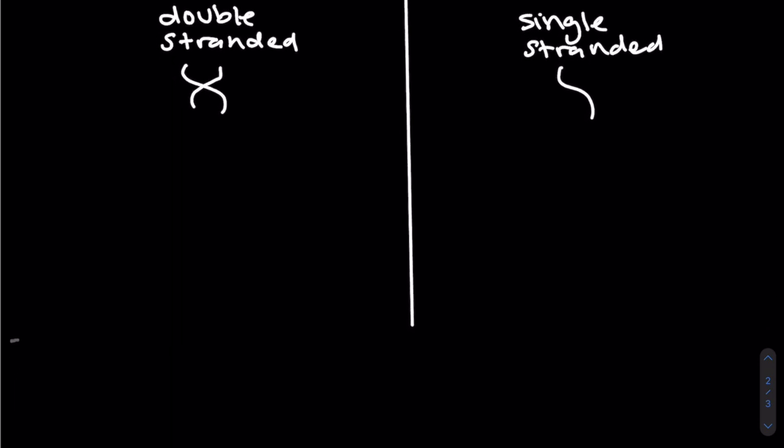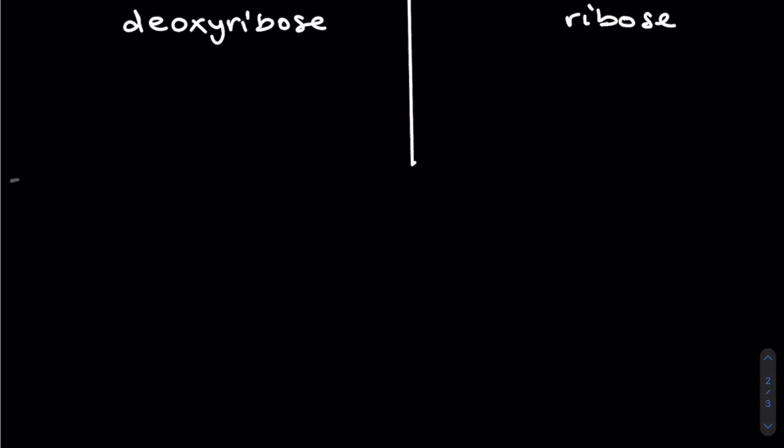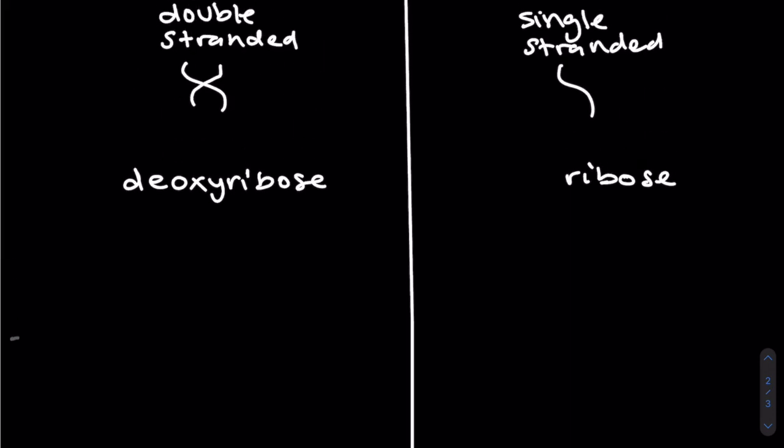Second difference is obviously the type of sugar. So deoxyribose is for DNA, and ribose is in RNA. Then we have the base composition.